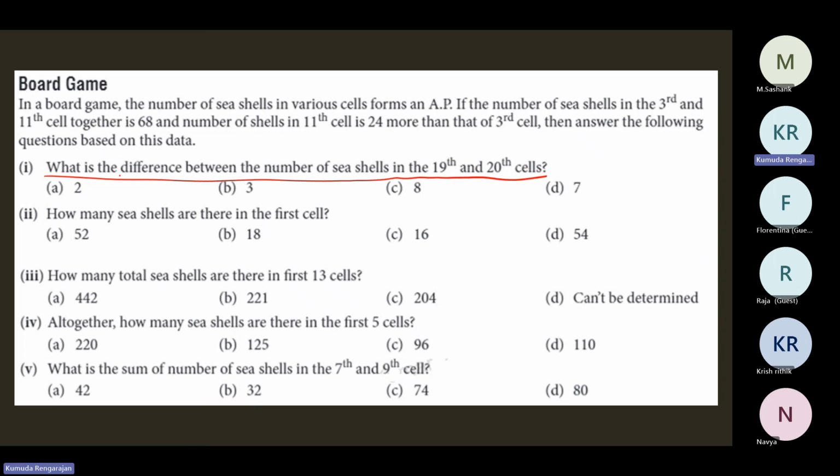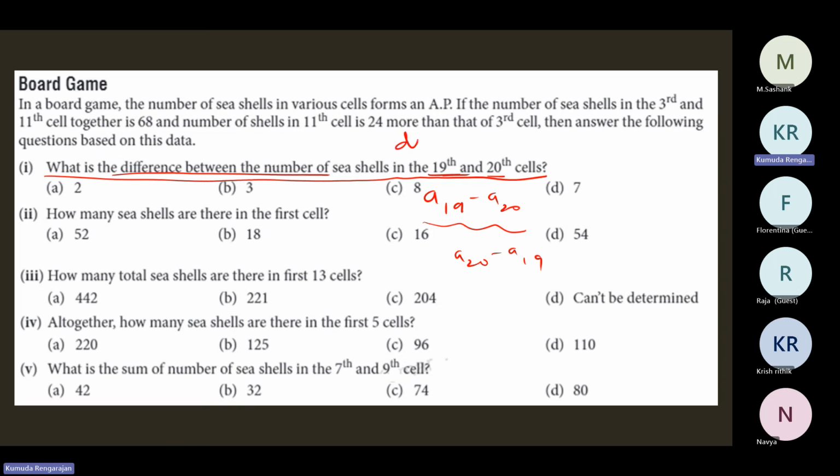Normally, if you're asked to find the difference between the 19th and the 20th cells, it is A19 minus A20, in this order only. But when you work it in this order, you don't have the option. So you have to do A20 minus A19.